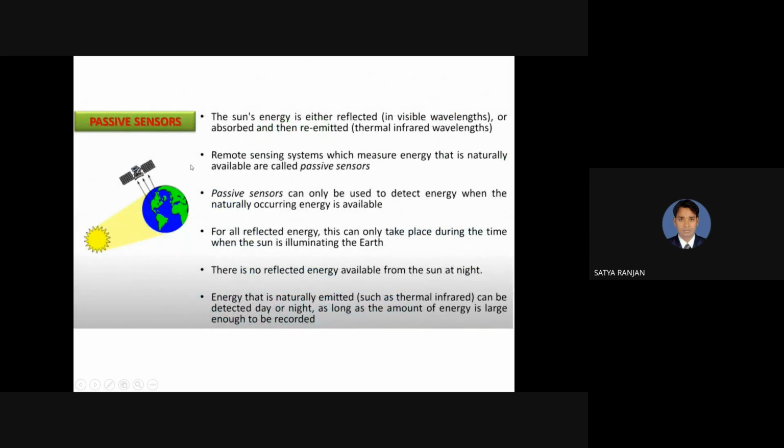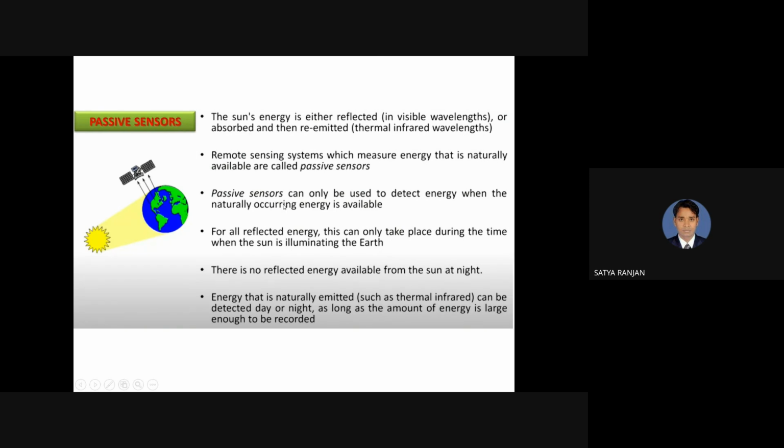Then the passive sensors: the sun's energy is either reflected or absorbed and then re-emitted. A remote sensing system which measures energy that is naturally available is called a passive sensor. The difference between the active sensor and passive sensor was also asked previously, so some short questions are also asked.